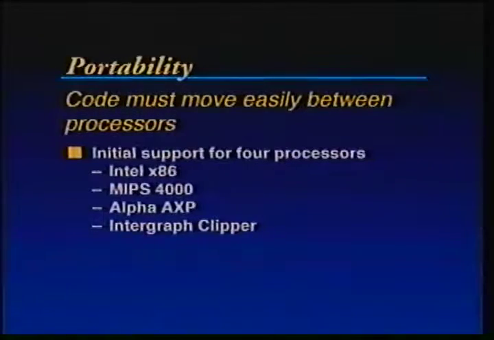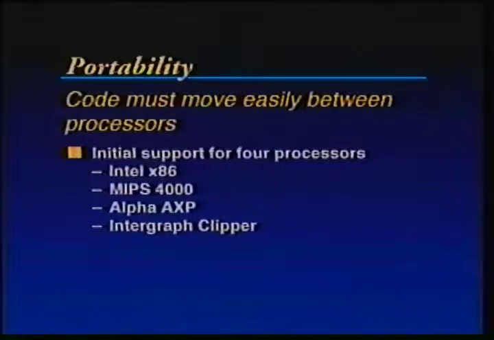Another big goal of Windows NT was that the code had to move easily between different processors, not just the operating system itself, but also applications. There's initial support in Windows NT for 3 and soon to be 4 processors. The first release of Windows NT will support the Intel architecture and will run on the 386, 486, and Pentium systems.